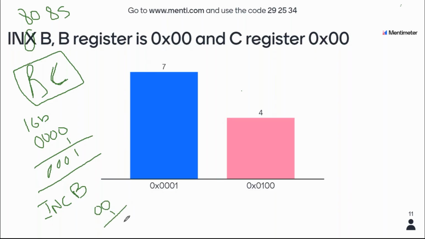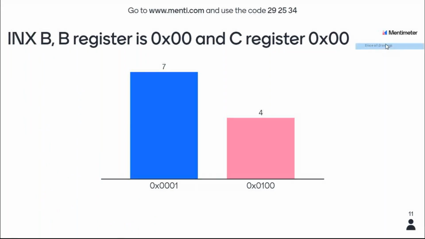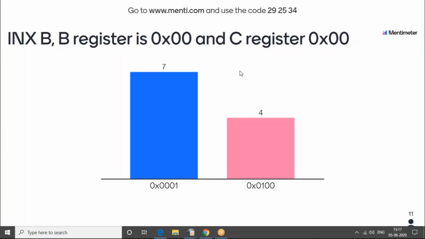So B becomes 01. Looking at the combined 16-bit of B and C together, it is 0100. So that's the basic concept of how an INX instruction and an INR instruction will differ. I want to use this quiz as a way to explain this instruction, but I hope most of you have got it right. So please remember to do that.